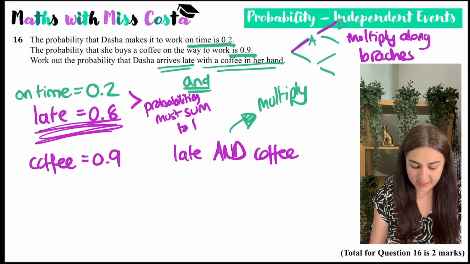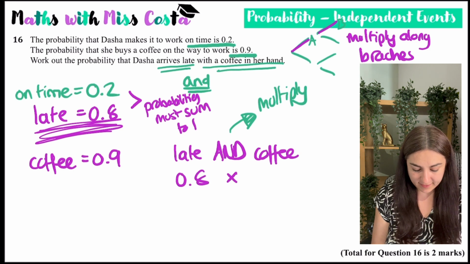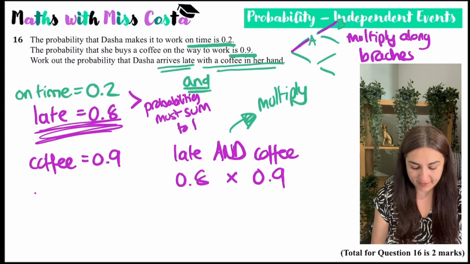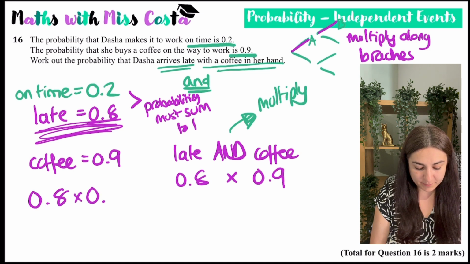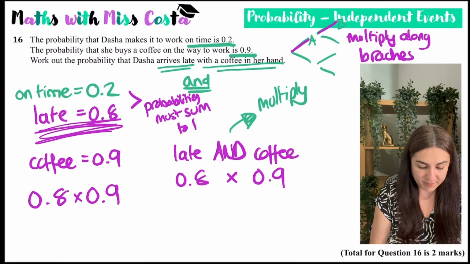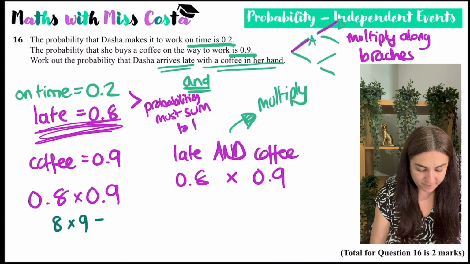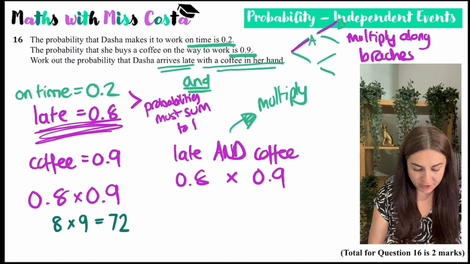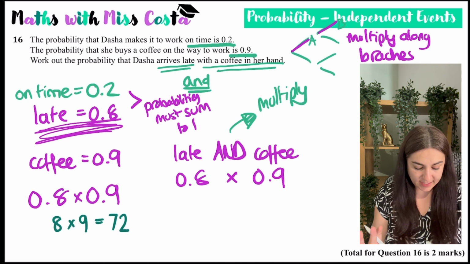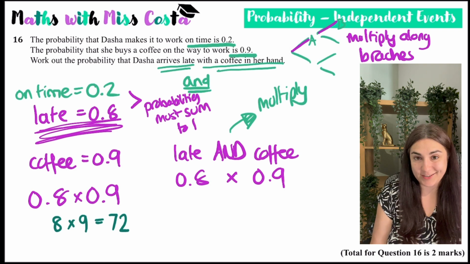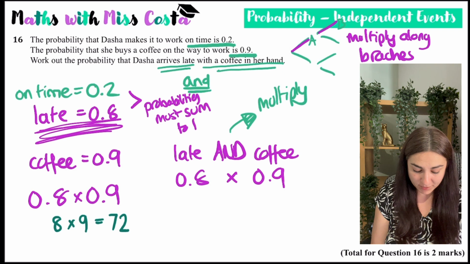I have to do 0.8 times 0.9. So using the decimal trick, I turn the numbers into whole numbers. So 8 times 9 is 72. And in order to turn it into a decimal, when I'm multiplying, what have I done?